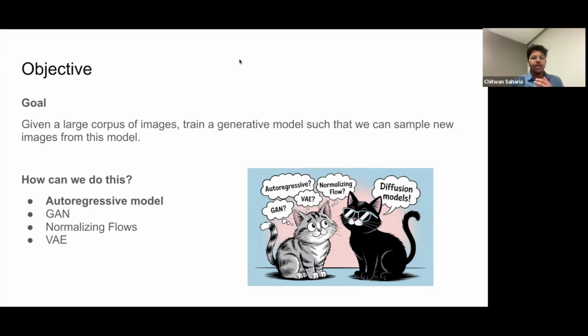And here we are specifically interested in modeling images. Images is just one instance where diffusion models are used, but that's what popularized diffusion models the most. And now diffusion models are used for generating videos or generating audio and many other things. But for the purpose of this lecture, we will try to focus on images for simplicity, and all the ideas that we talk about are going to generalize to other domains as well.